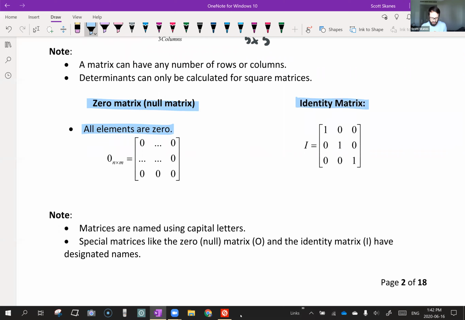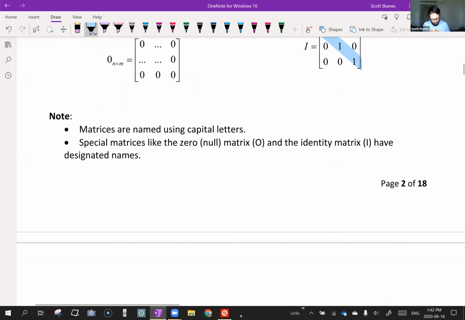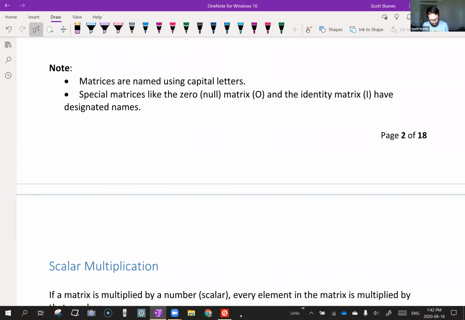And sometimes you use the identity matrix, where we have this diagonal of 1s. But if we need that, we'll use it. Overall, I don't want to get you lost in the terms, okay? So what I will say is that the 0 matrix has the letter O. The identity matrix has the letter I. Those are just special names for the matrices. So if you see them come up later, that's what they are.